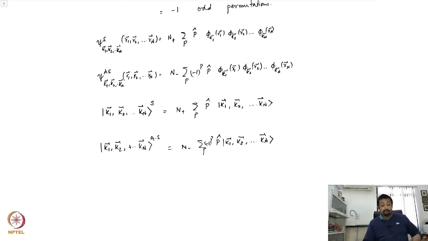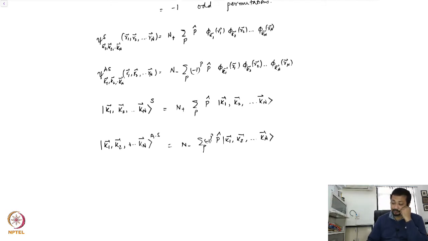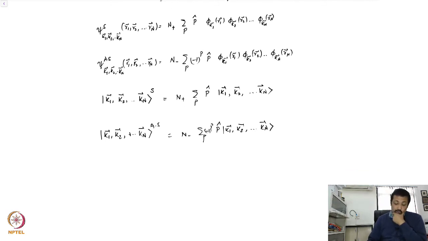So we have to determine the normalization constants N plus and N minus, right? So let's try to do it in one go.